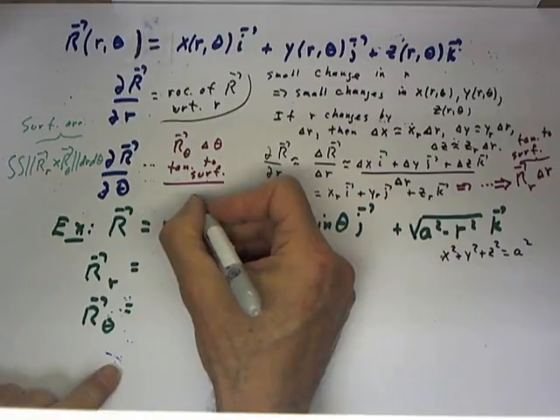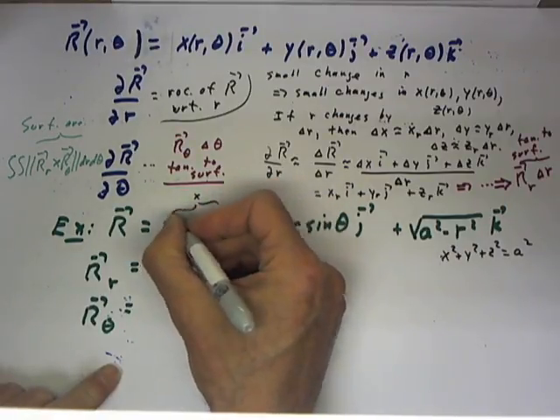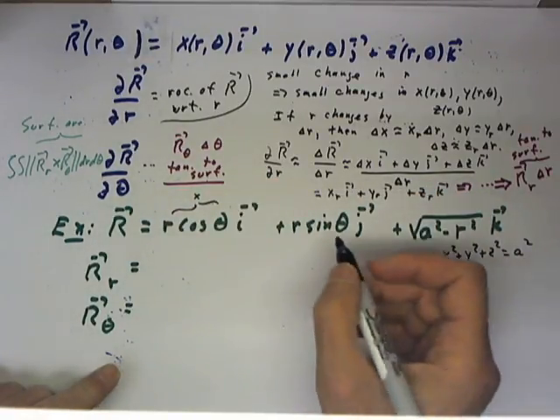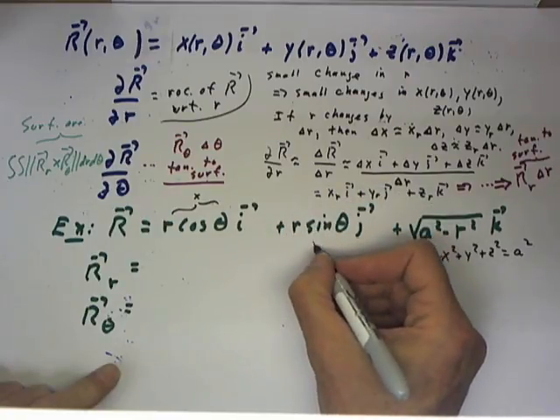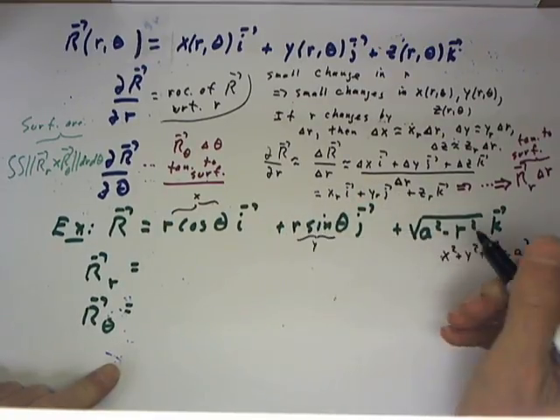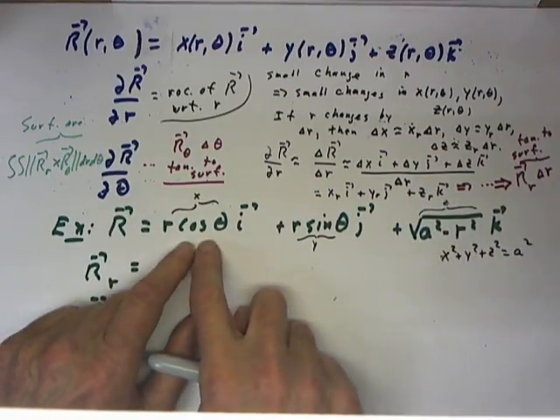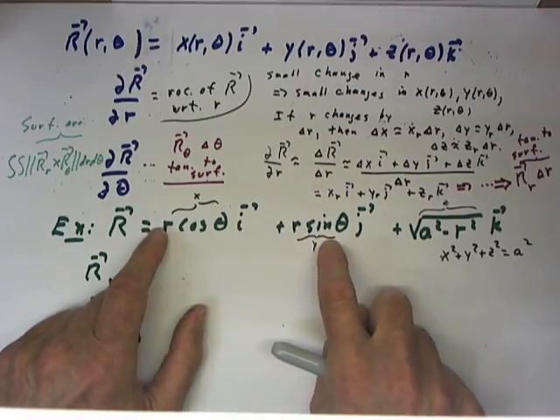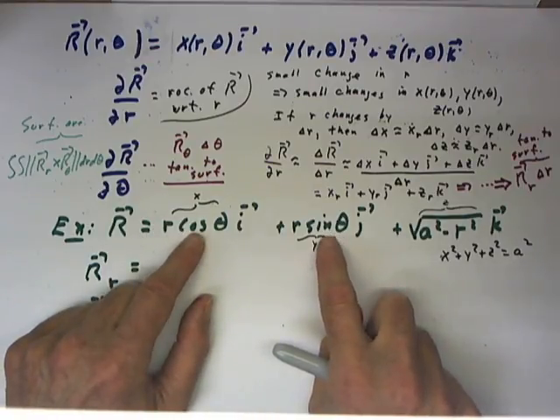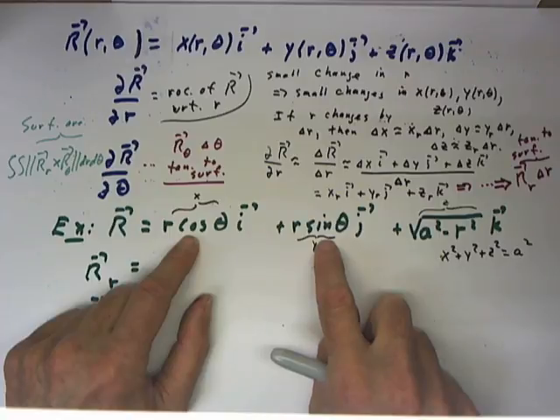Now here's your x, here's your y, and here's your z. If I do this squared plus this squared, I get r squared times cosine squared theta plus sine squared theta, which is just r squared.